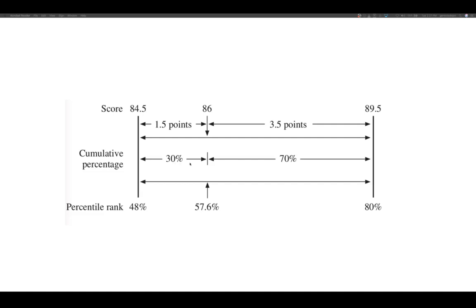That means that to find the cumulative percentage for 86, we must go 30% of the way from 48 to 80, as we can see if we review the example table.